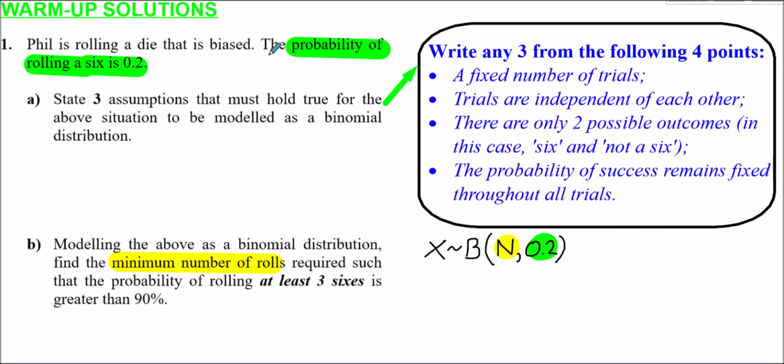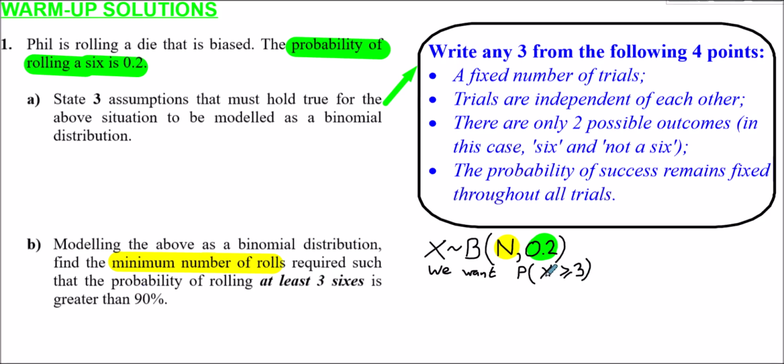So what we're wanting in this scenario is we're wanting the probability that this random variable is at least 3, in other words, there's at least 3 6s. We want that to be greater than 90%.